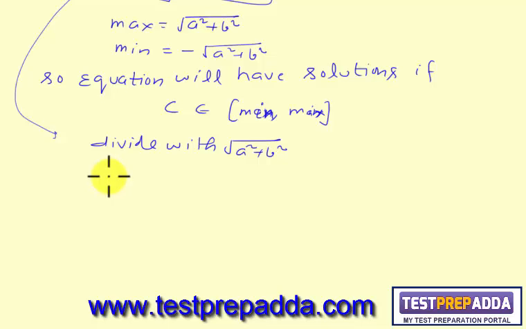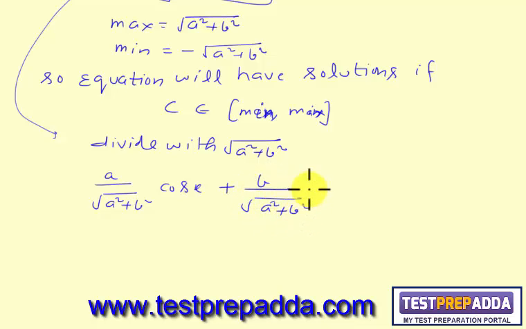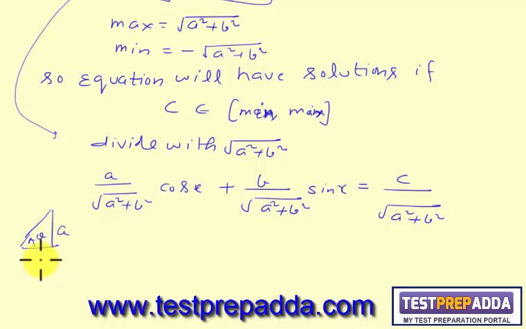If we divide with this, it becomes a upon root a square plus b square cos x plus b upon root a square plus b square sin x is equal to c upon root a square plus b square. If I consider this angle as theta, this side as b, this as a, then the hypotenuse will be root a square plus b square.